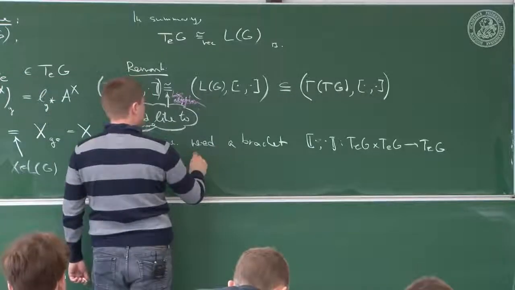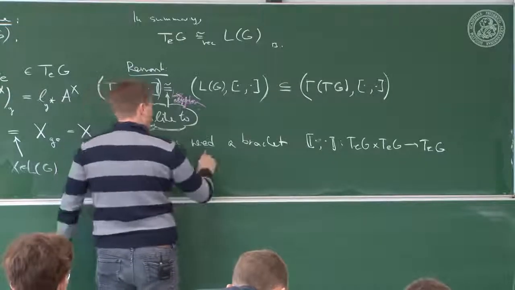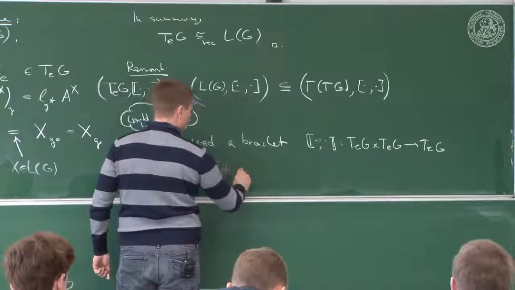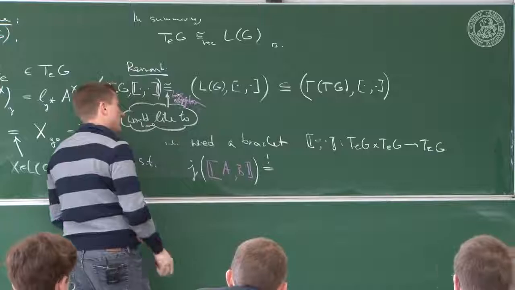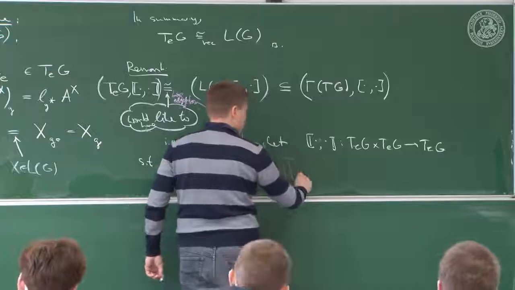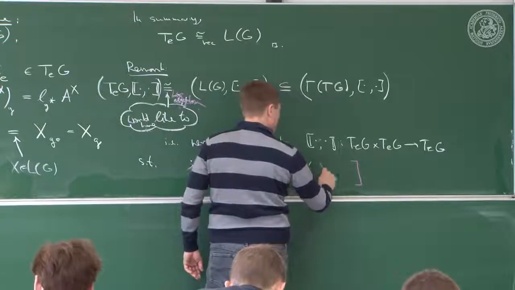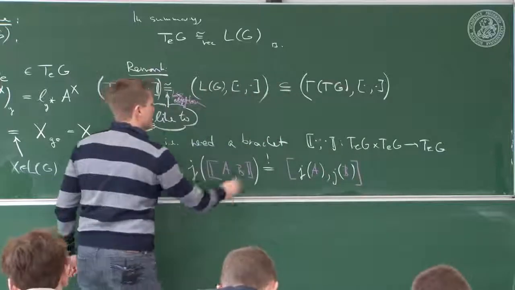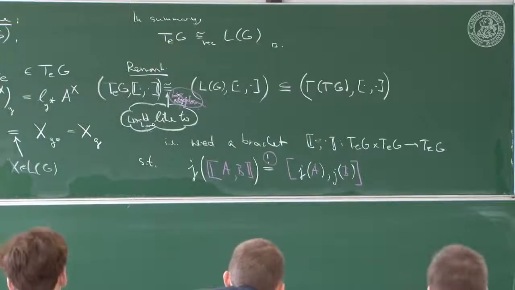So if we apply our famous isomorphism J to the bracket of two elements in TEG, we want this to be the same as taking the bracket in LG after we mapped the individual elements. We want this because of this structure preservation property.